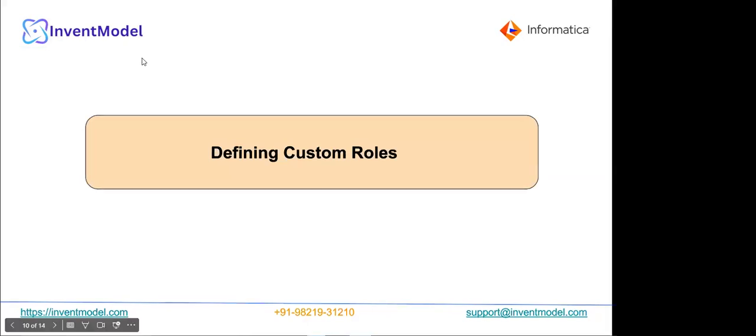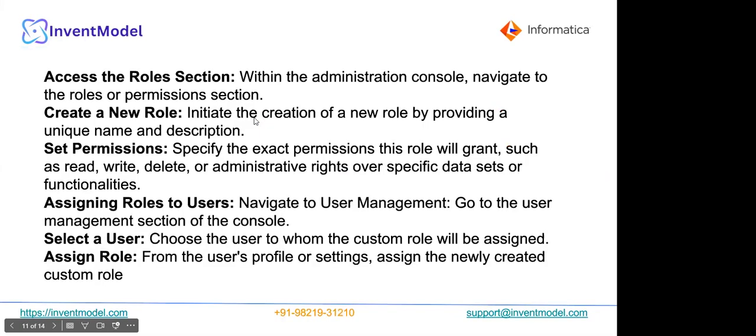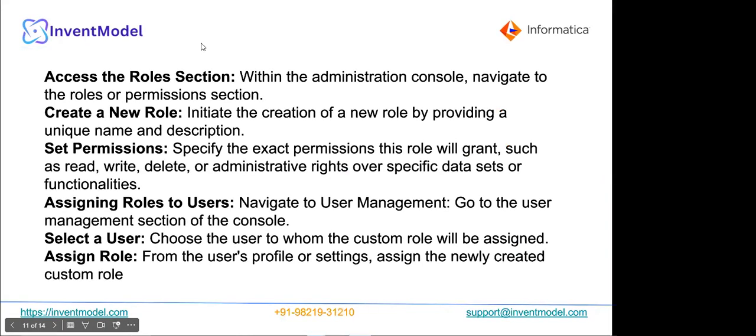So here we can see how we can define custom roles. To define a custom role, we have to go to the role section within the Administrator console. After navigating to the role section and clicking, we can see there is an option, new role.